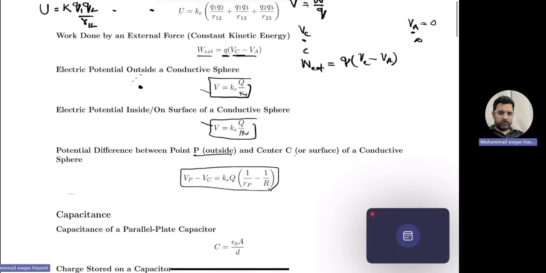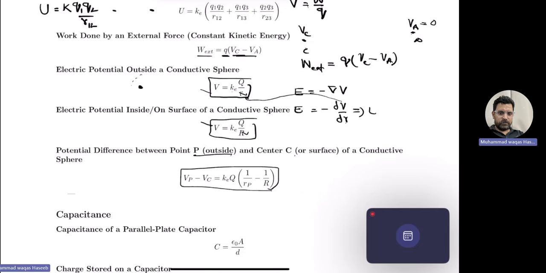We can find the electric field from the potential by the negative gradient. So if we know the potential, we can find the electric field. In one dimension, the gradient is just dV over dr. For example, this is the potential for a point charge, so we take its derivative with respect to r.